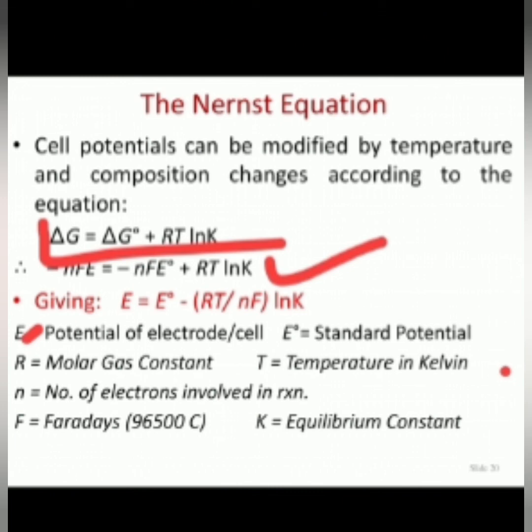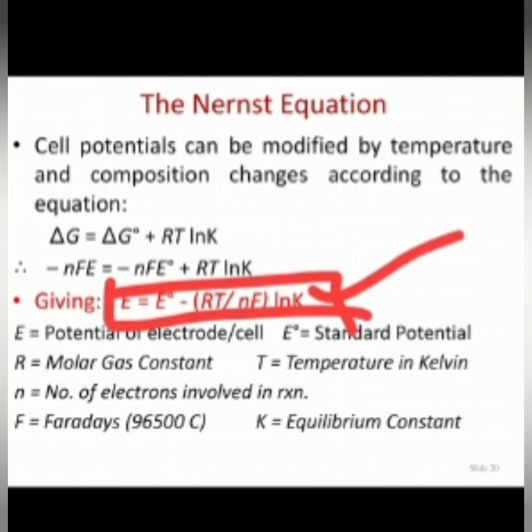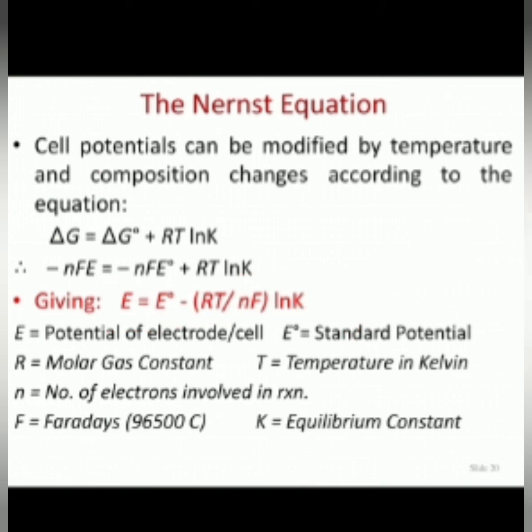F is Faraday's constant, 96500 coulomb, and K is the equilibrium constant. So we can use this expression for calculation purposes. This is the most important expression, which will be helpful in solving problems.